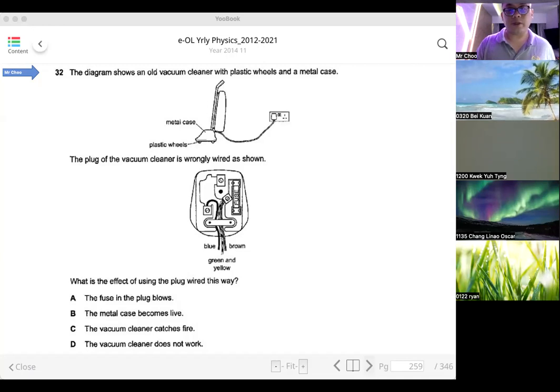Yu Ting try again, Qiao Xing well done. Okay, what is wrong with this diagram? Let me explain to you.